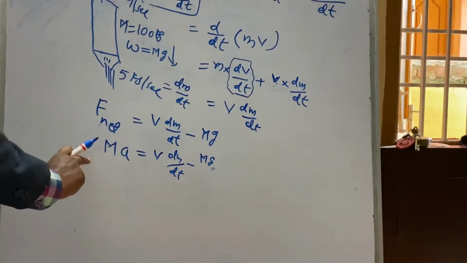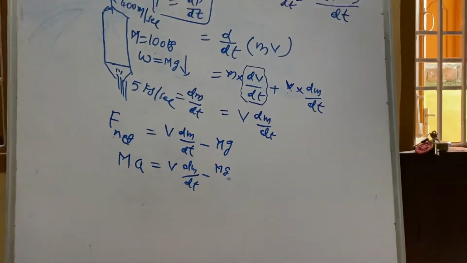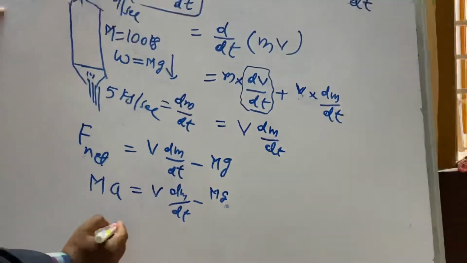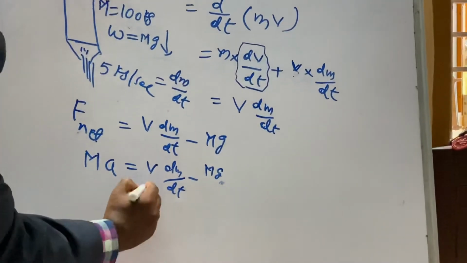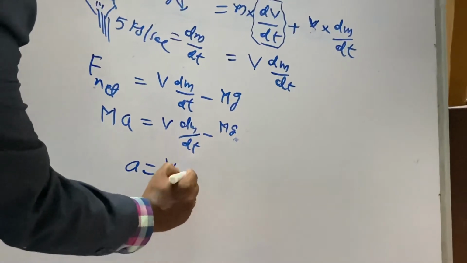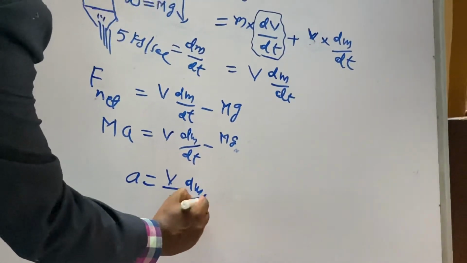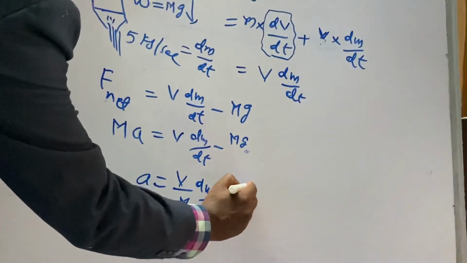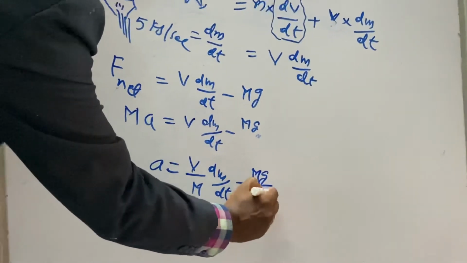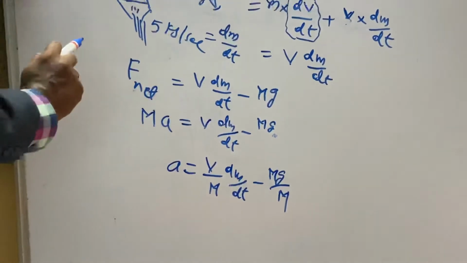In the next step, we simplify. a equals (v by M) dm by dt minus mg by M, where capital M is the mass of the rocket.